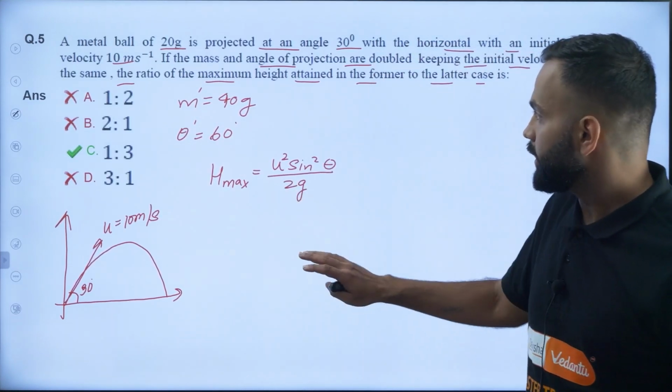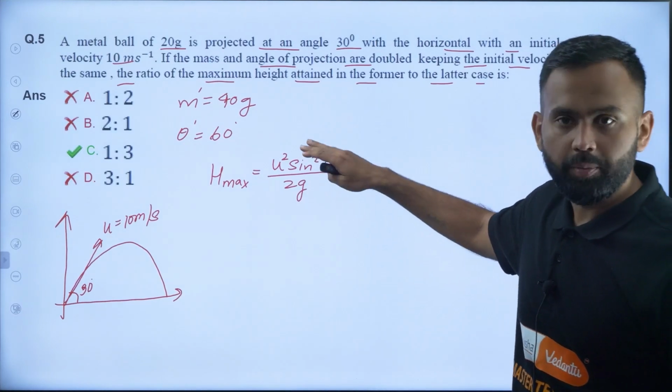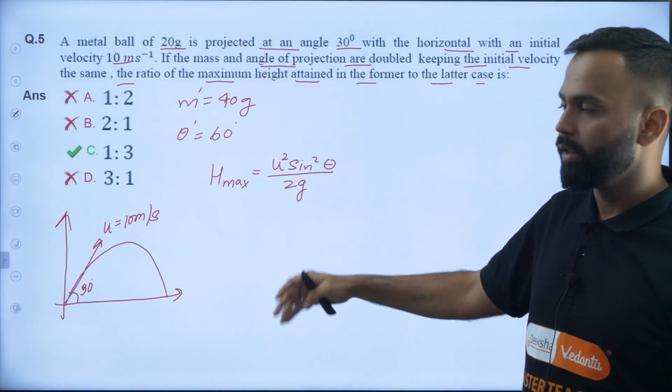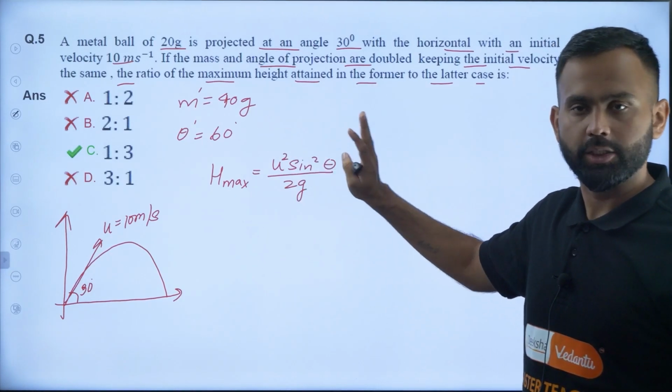Does the maximum height depend on the mass of the projectile? No, right? There is no mass term. So maximum height does not depend on the mass of the projectile.